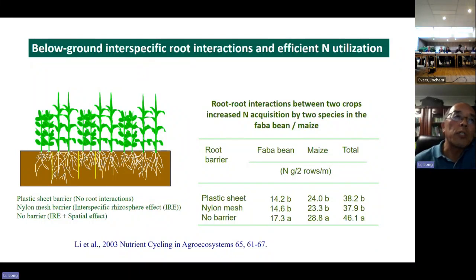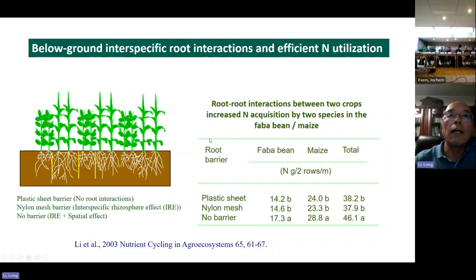We are also interested in nitrogen, because nitrogen is also a very important nutrient for plant growth. So we also used the same experiment design to determine nitrogen utilization.